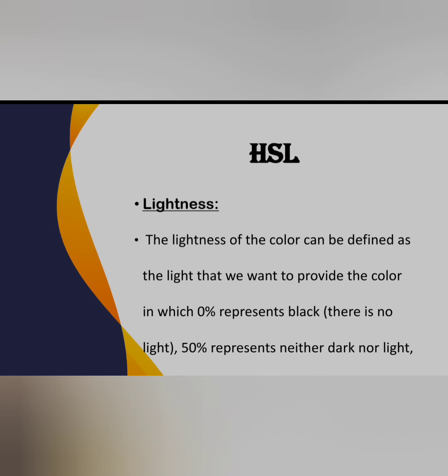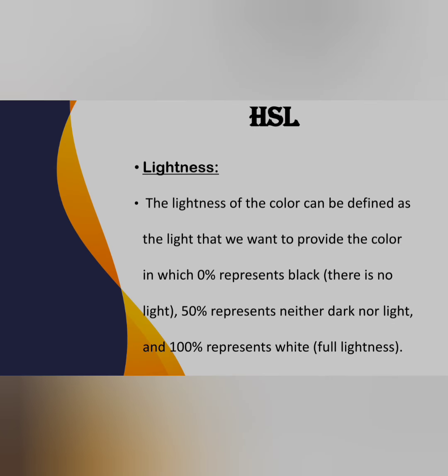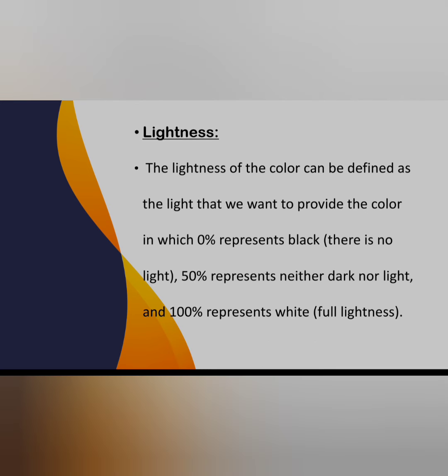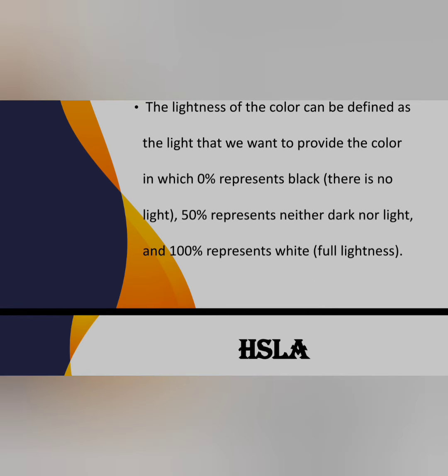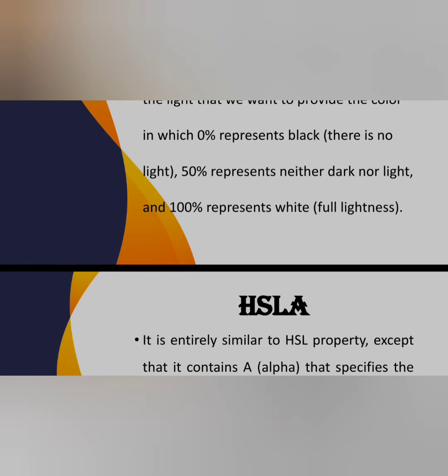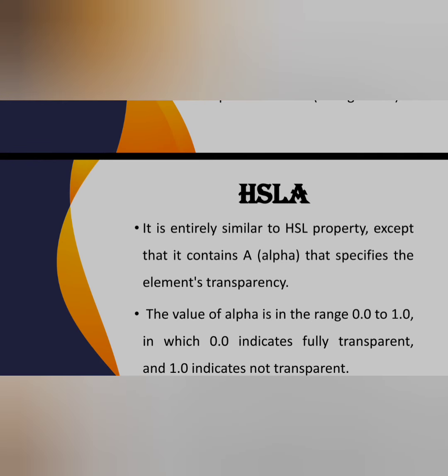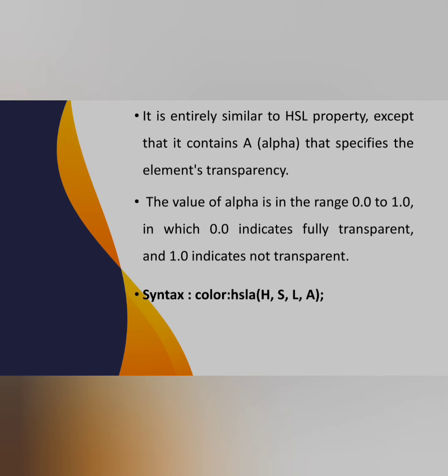HSL lightness. The lightness of the color can be defined as the light that we want to provide to the color, in which 0% is black, there is no light. 50% represents neither dark nor light and 100% represents white, full lightness. HSLA. It is entirely similar to the HSL property except that it contains an alpha that specifies the element's transparency.